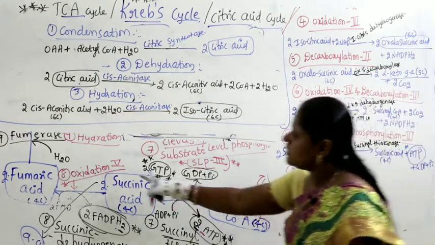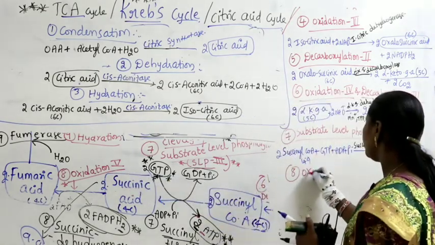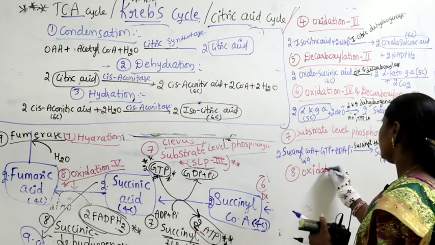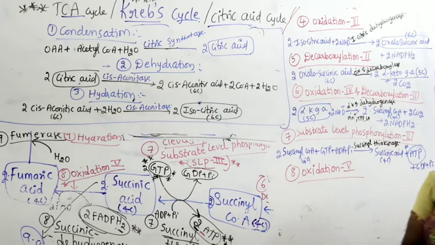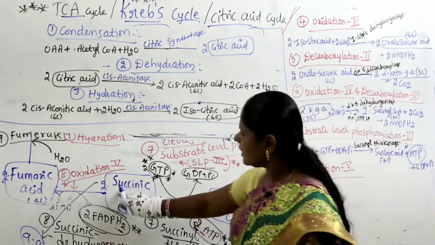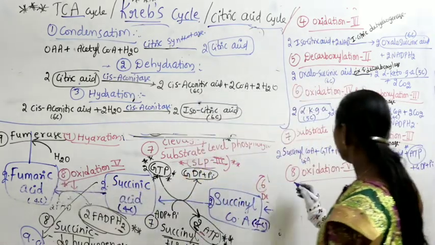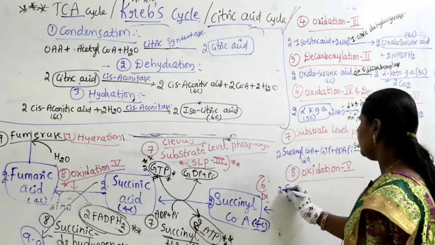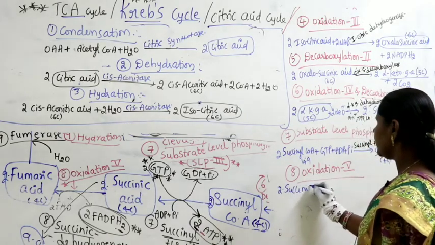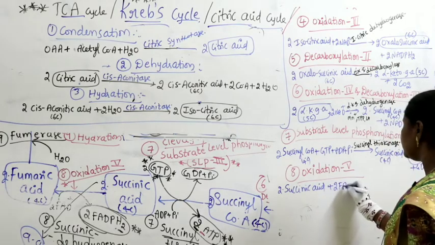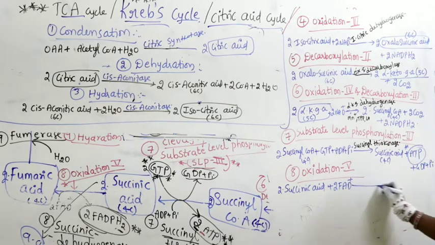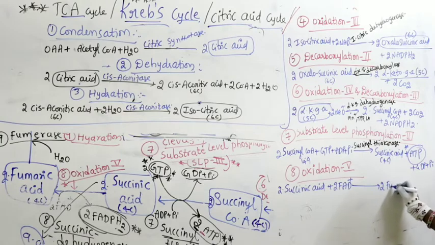Next one, what is the 8th reaction? 8th reaction is nothing but oxidation number 5. So in the eighth reaction, oxidation number 5, succinic acid converts into fumaric acid. 2 molecules of succinic acid plus 2 FAD plus converts into 2 molecules of fumaric acid.